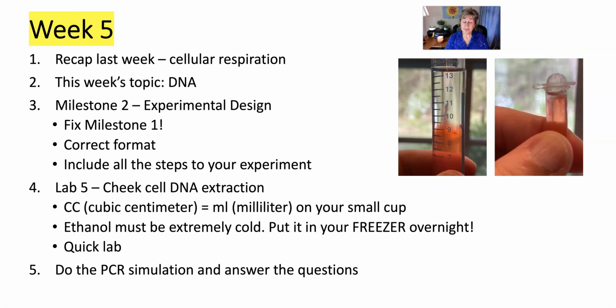So what is PCR? PCR stands for the polymerase chain reaction. And all that means is a polymerase is a molecule that makes a polymer. And that only means a whole bunch of subunits stuck together of something. Well, that's what DNA is. A polymer. It's got all these little subunits stuck together to make the molecule DNA.